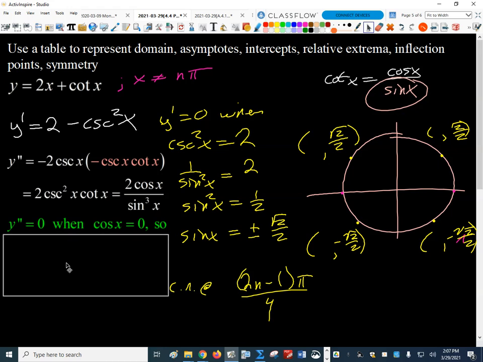Where is cosine x equal to 0? For what values of the angle x? Type it in chat. Here's my unit circle. Remember, cosine is the x coordinate, right? So where's that going to be?